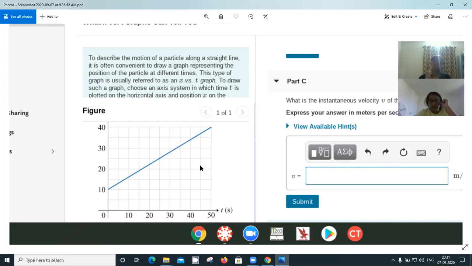If you put t equal to 10, you'll get the position, the value of x. But what you need is the slope, not the value of x. So the slope of this line at this instant is the same as the slope of the line. Yes. So it's again 3 by 5.